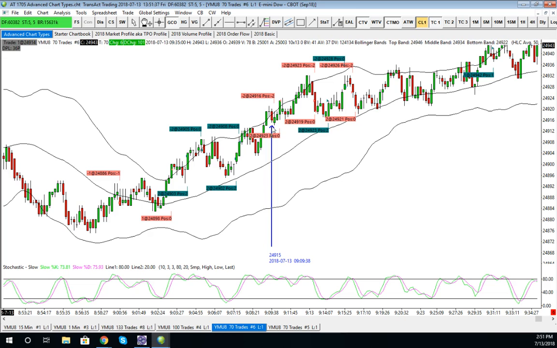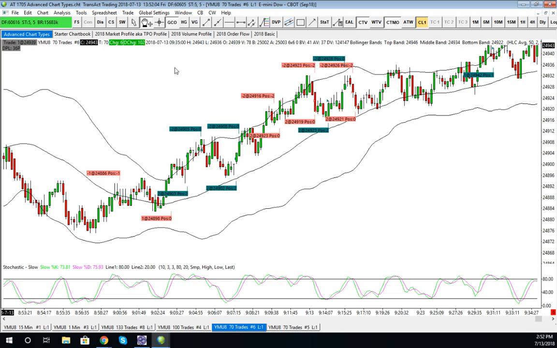Of course, if it closed lower, maybe it would have been a higher probability trade, but it immediately moved higher. I'm not sure there's anything that we could have done. This is happening pretty quickly. Maybe you save a tick. But in any case, the first trade, we can learn something from.